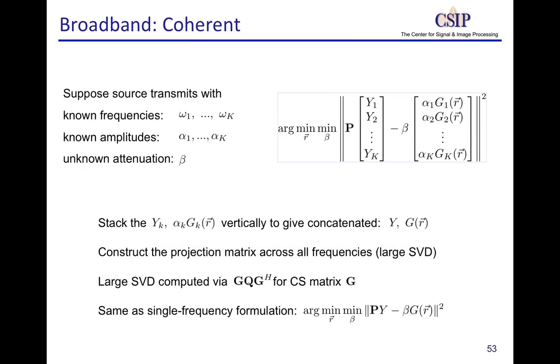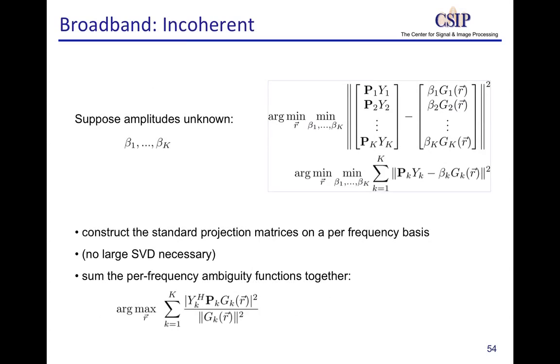So there's this joint large SVD that's being computed, which can be difficult if it's being computed every iteration. We use an approach to speed this up using a randomized SVD that was proposed by Tropp, and it runs reasonably fast. And it has the same formulation as the single frequency case, so we're able to compute this result rather quickly.